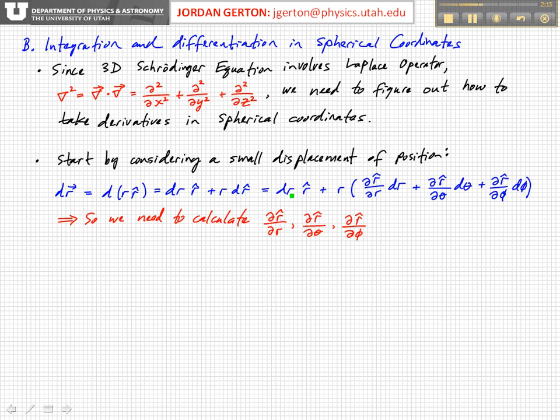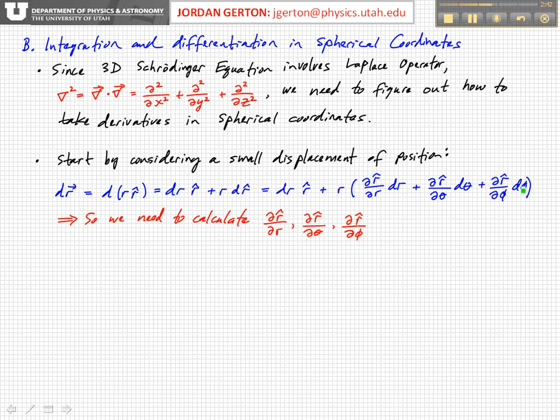We just have r and r hat, but to get the differential dr hat, we need to take the partial derivative of r hat with respect to r times dr, plus the partial derivative of r hat with respect to theta times d theta, plus the partial derivative of r hat with respect to phi times d phi.